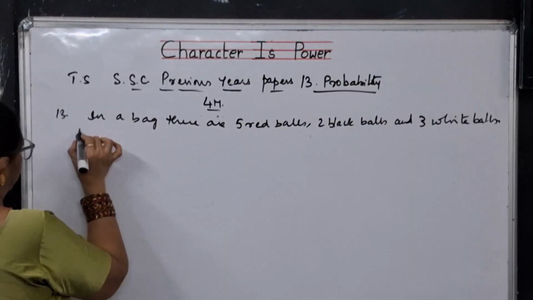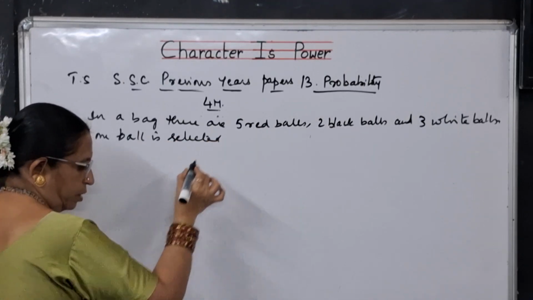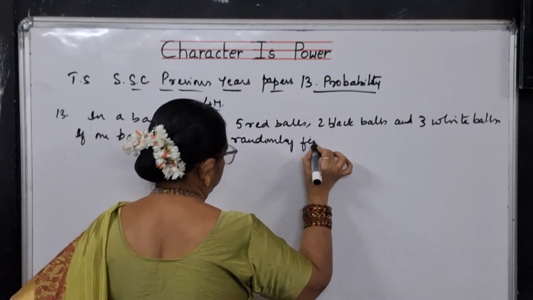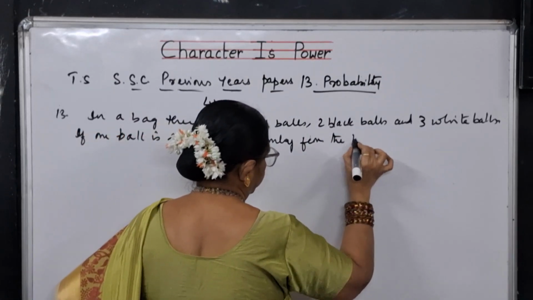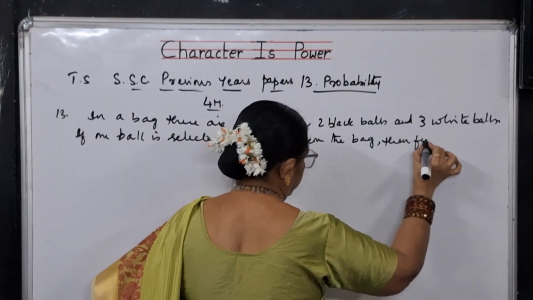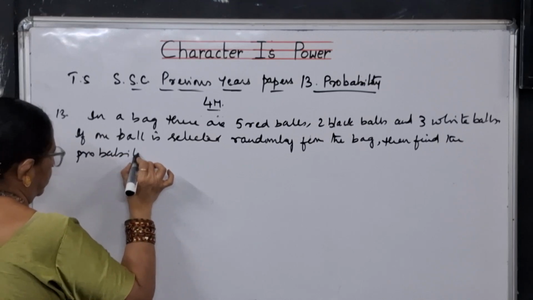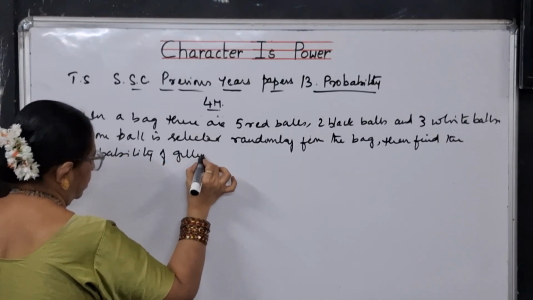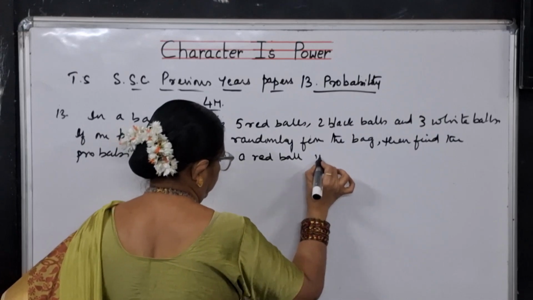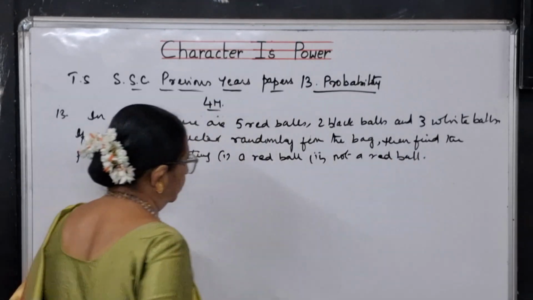If one ball is selected randomly from the bag, then find the probability of getting, first bit, a red ball and second bit, not a red ball.